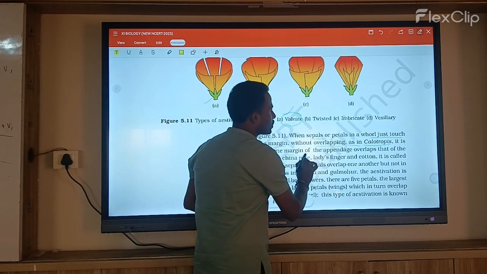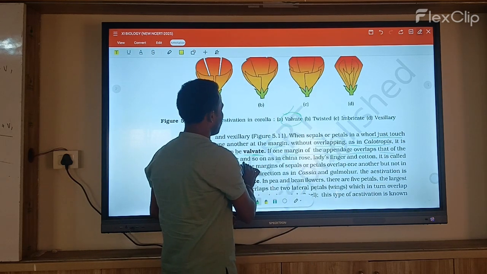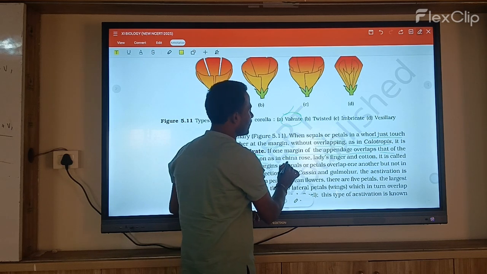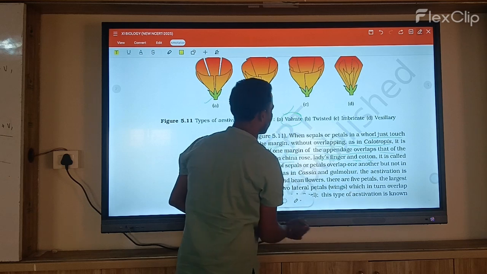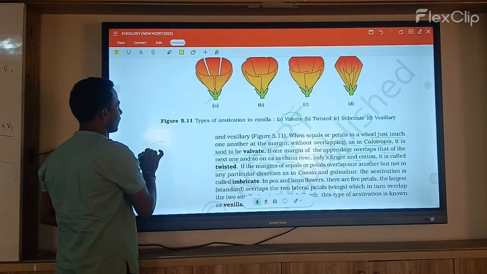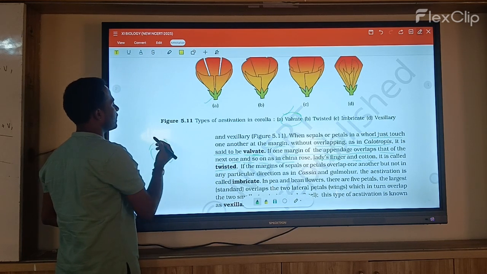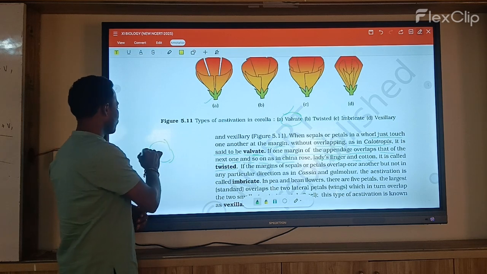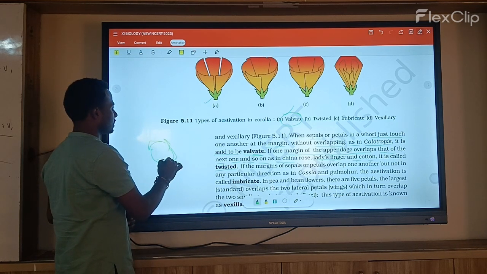And if one margin of the appendages overlaps that of the next one, and so on, as in China rose, lady's finger, and cotton, it is called twisted. So they overlap like so: one is inside, one is outside. This arrangement is called twisted estivation.